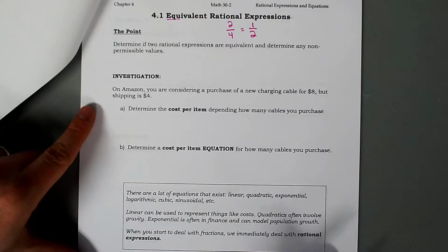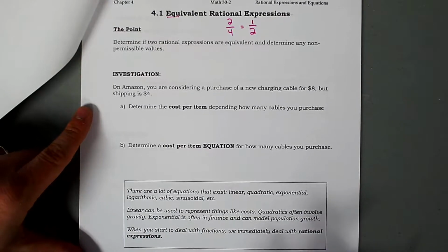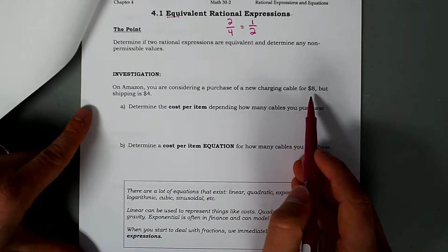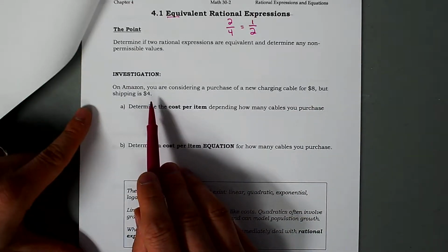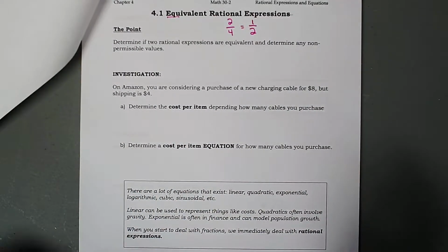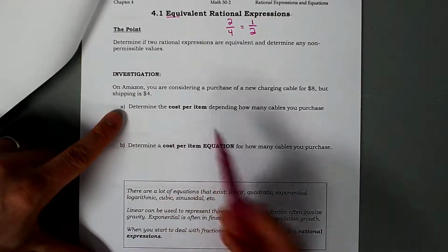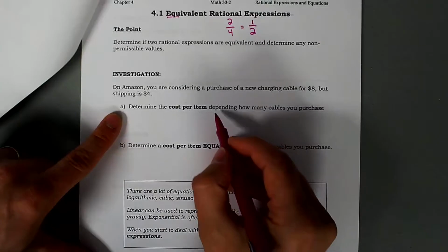As a quick investigation, imagine you are on Amazon purchasing some items online, and you're thinking about getting a new Lightning or Type-C cable for $8, but shipping costs $4 because you didn't get Prime. The question is, determine the cost per item depending on how many cables you purchase.